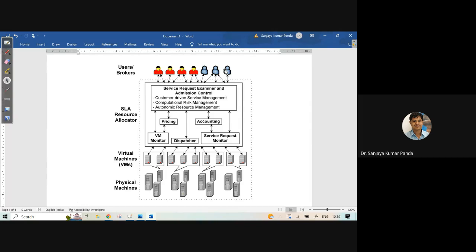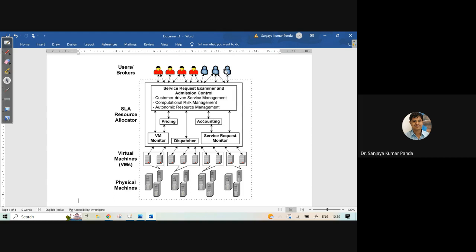Suppose you are not able to submit the request because you are not aware of that particular technology, or you don't know how to put a particular requirement. On your behalf, a broker is going to submit the request.